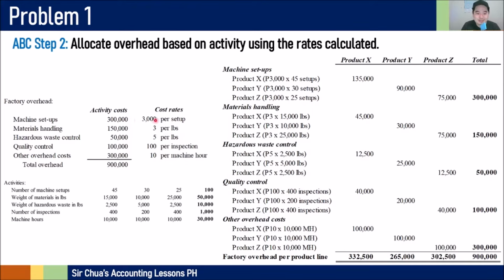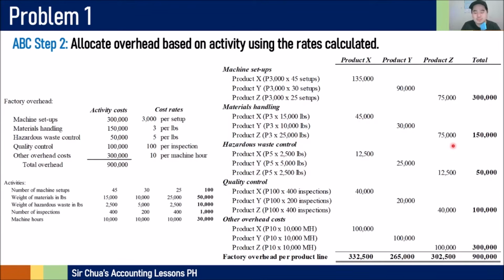O, sa materials handling tayo, 3 per pound daw. So, 3, 3, 3. Ilang pound sa product X? Ayun, 15,000, 10,000, 25,000. Multiply 45,000, 30,000, 75,000.